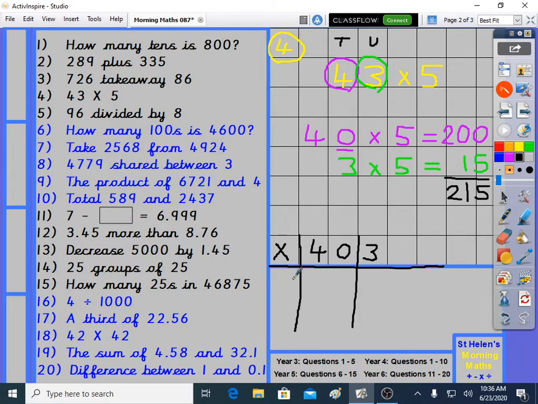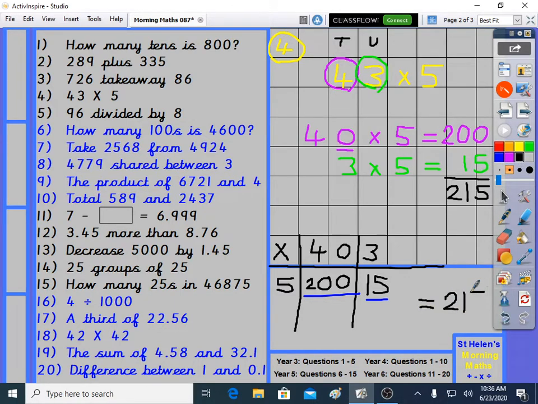And we multiply them by 5. So 40 times 5 is 4 times 5, which is 20, and place a 0. And then 3 times 5 goes here. That's 15. You've got 2 answers, you add them up at the end, and of course it will be 215 again.